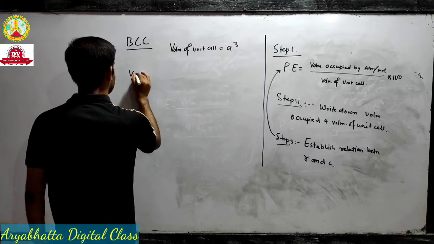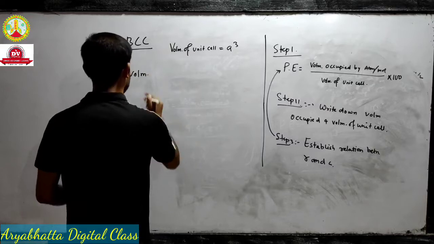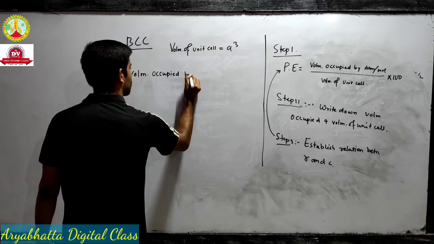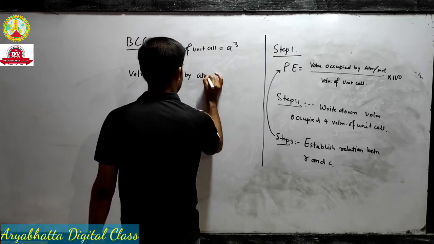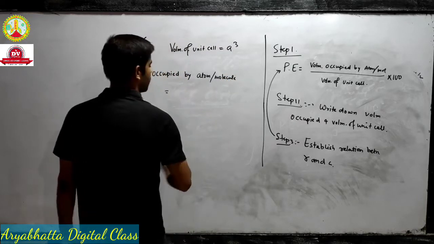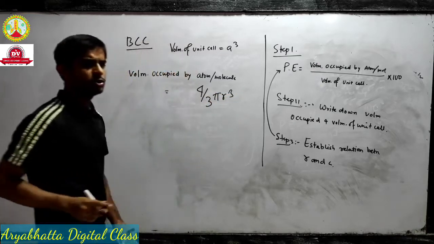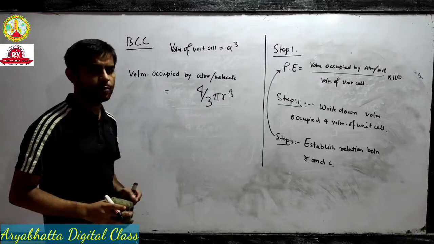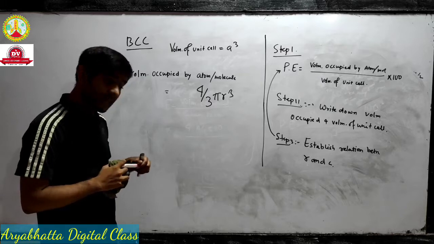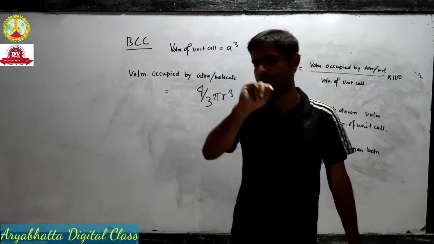For the volume occupied by atom or molecule, we know each atom has a volume of 4/3 pi r cube. So this is the volume of a single atom or molecule or sphere in the unit cell. But in FCC, we have seen that there are 4 atoms in each unit cell.